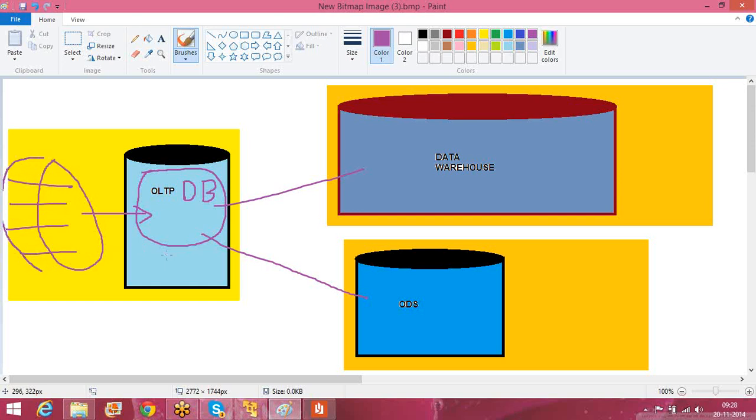So suppose transactional data: transaction 1, transaction 2, transaction 3, you keep on performing transactions. The volume will increase, right? Some transactions become quite old and are not required for current use. Such things we'll send to the ODS and to the data warehouse.